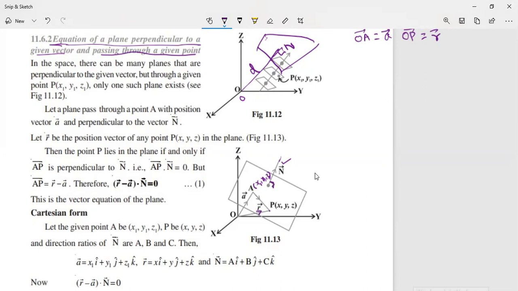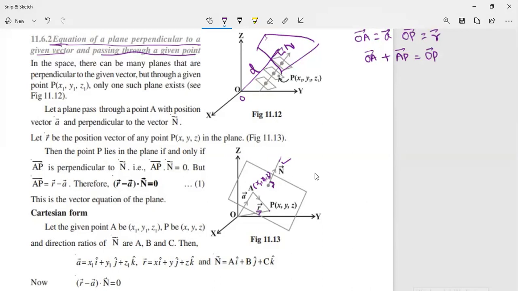Now again, we can use the triangle of vector addition in this triangle. So vector OA plus vector AP will be equal to OP. And what is AP?